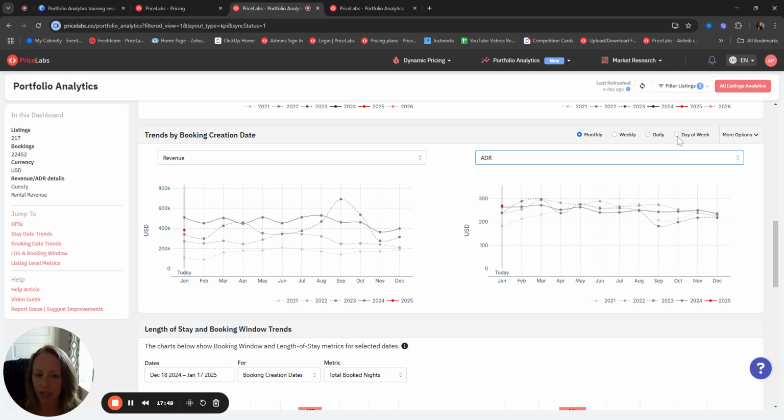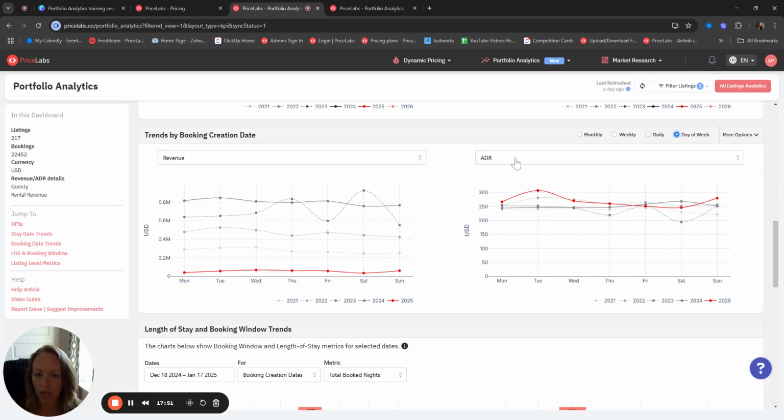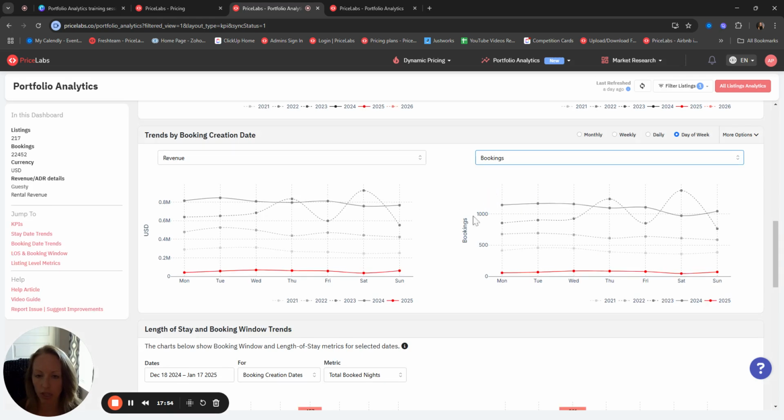Sometimes looking at it by day of week can be helpful too. And maybe we'll look at bookings. If you're trying to staff your call center that takes direct bookings over the phone, you may want to keep this in mind. So when looking at this, maybe 2025 doesn't have enough data yet.